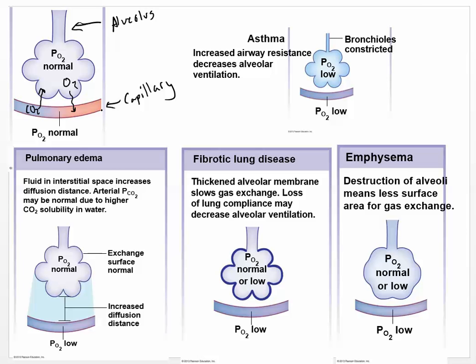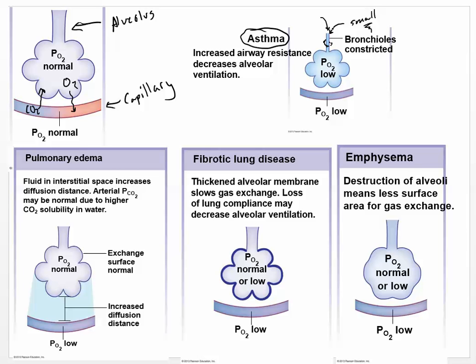So what happens if, for instance, you have asthma? Remember asthma, these smooth muscles that sit around here? What if they constrict? They make this bronchiole very, very small. They don't give it enough space, so you're not going to get as much air in, and that's what happens with asthma.